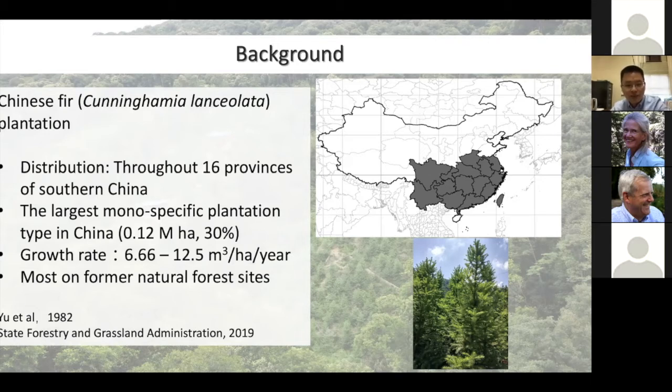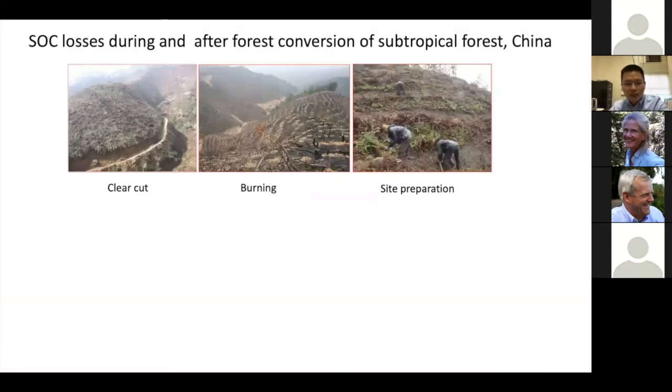And also this forest grows very fast; its height can grow 1 meter per year. When we plan to establish the tree plantation, there are some steps for us to do.